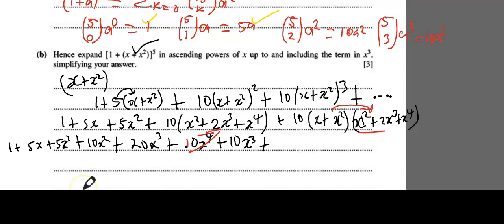So our final answer becomes 1 plus 5x plus 15x squared plus 30x cubed. The rest of the terms, if they are added, but this is the required solution.